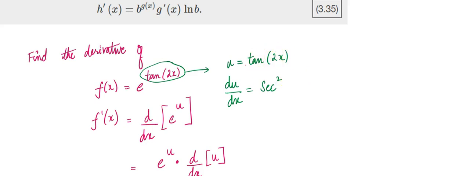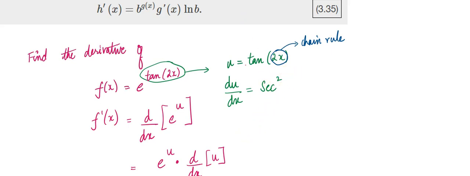But remember, here again, you don't have a plain x. You have something else. So remember, if it is not a plain x, chain rule kicks in. So the chain rule says derivative of the outside times derivative of the inside. So this is a double layer chain rule.